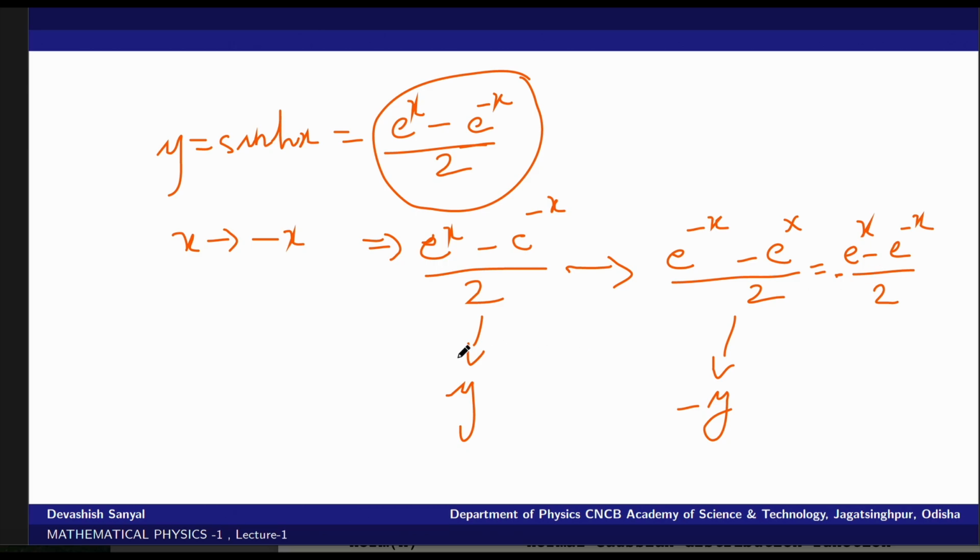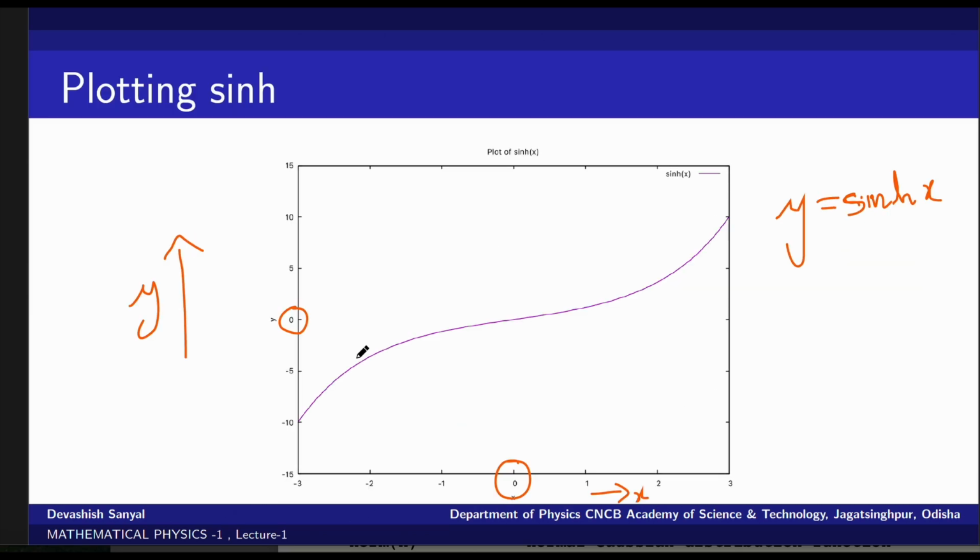So what does it mean? Whatever I get in x, you can see the plot. So this is x is equal to 0 line, this is my y axis.